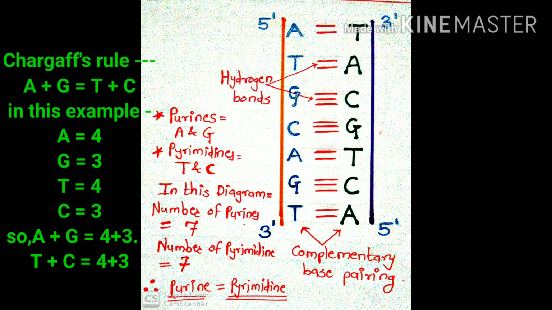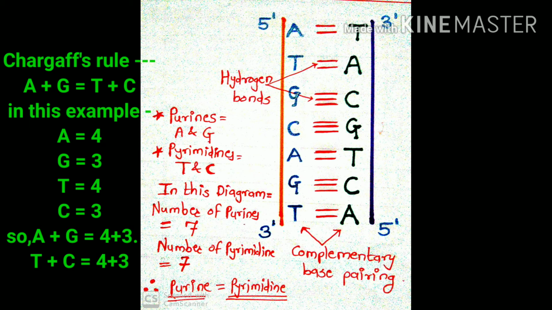For example, observe this figure of a DNA strand carefully. In this figure of the DNA strand, the total number of adenines, that means A, is equal to 4. Total number of G is equal to 3. Total number of T, that means thymine, is equal to 4. And total number of cytosine is equal to 3.